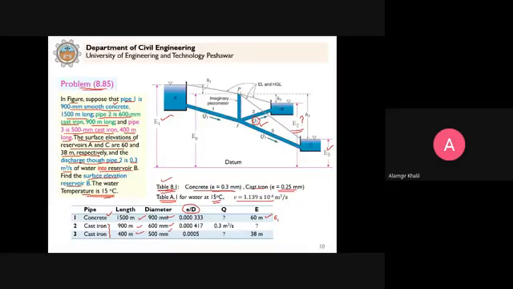And E3 is given. And Q2 is given. This is Q2. So you can see that the elevation of the water surface in the two reservoirs is given and the discharge for the third is given. So this is case 2. Clear? This is case 2.